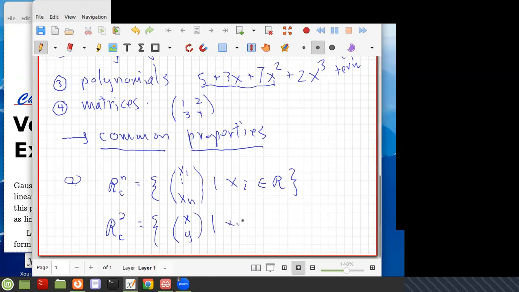So this is where X and Y are real numbers. If we have this as a linear system in two variables, like 0x plus 0y equals 0, then this would be the solution set.